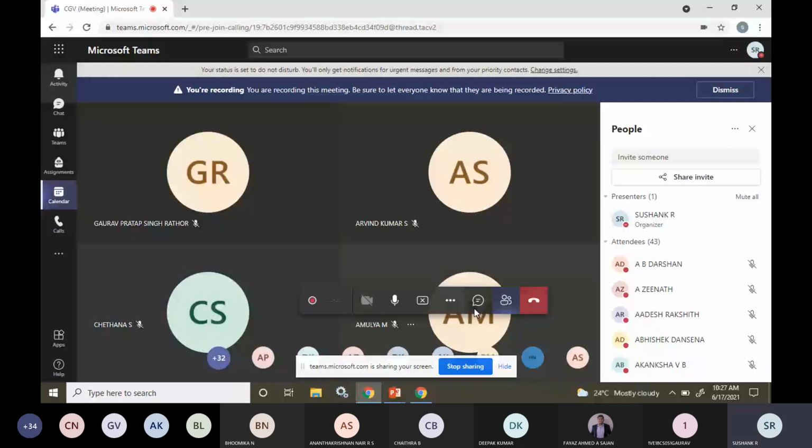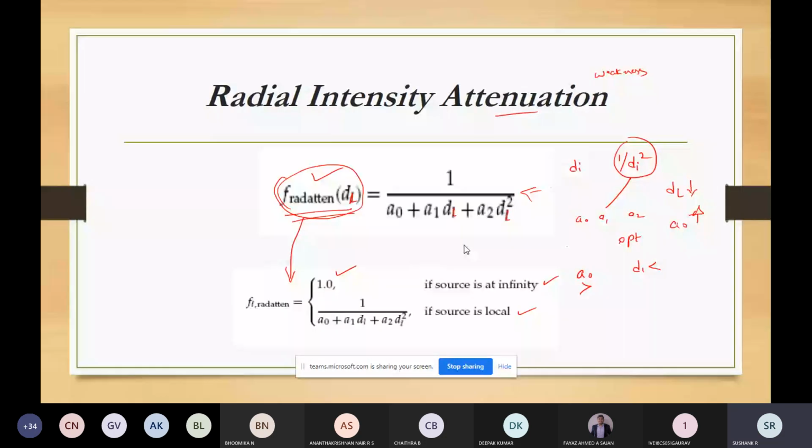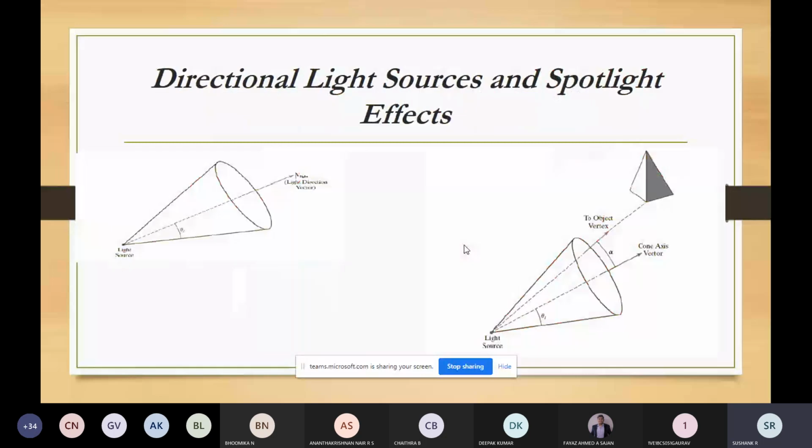So the next thing is, now there we were not considering this factor of direction. Here the angle theta was not there. Now we will talk about the directional case, what formula we will get when the direction is considered.